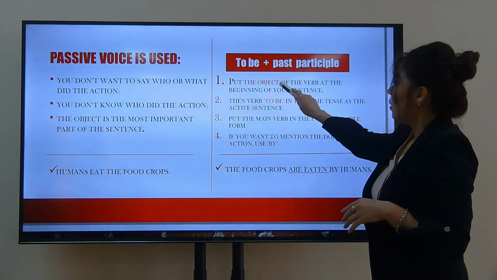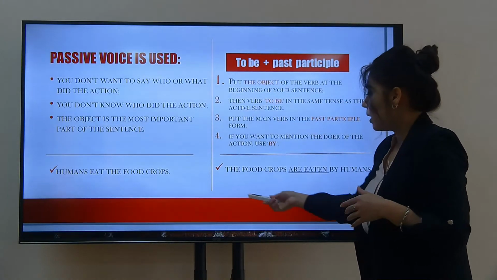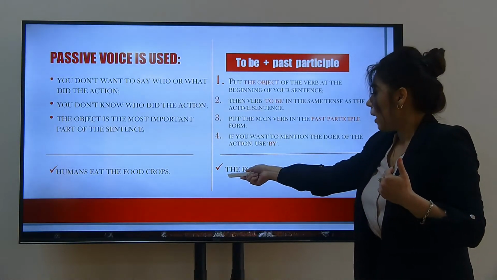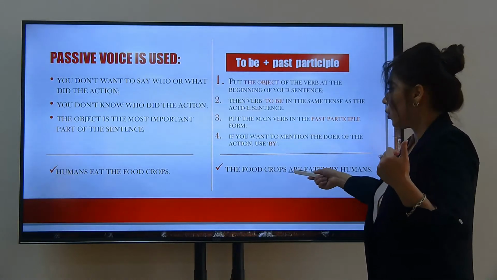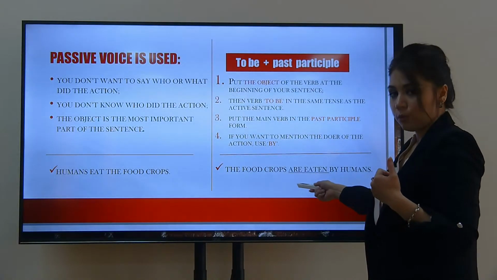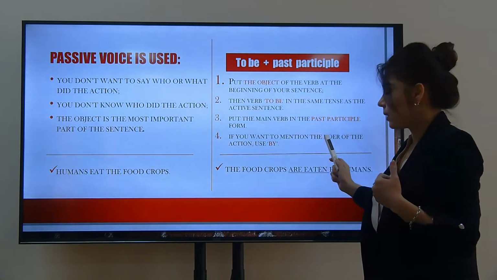First step: put the object of the verb at the beginning of your sentence. The beginning of our sentence is the food crops. It's the object of the verb. Then put the verb to be, as you see here, are, in the same tense as the active sentence.